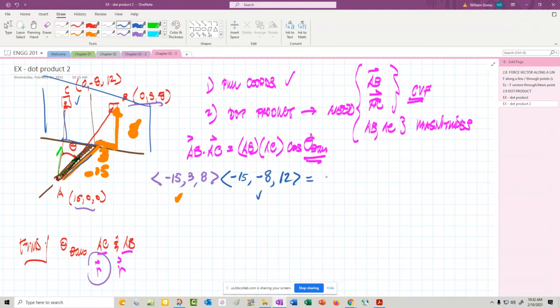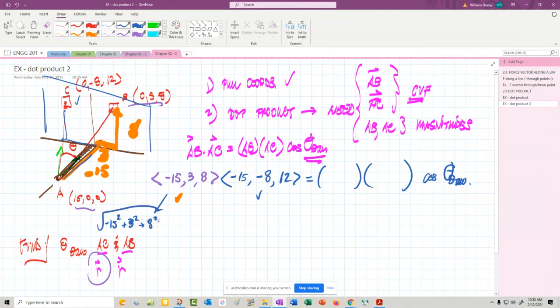All right, magnitudes. How do I get the magnitude? Well, the magnitude of any vector, meaning the length of it, is the distance between the two points. So we take the square root of all the squares. Again, that's minus 15 squared plus 3 squared plus 8 squared.